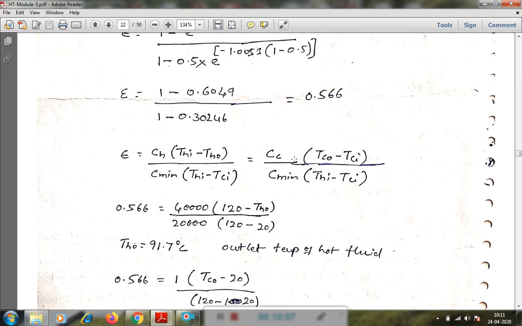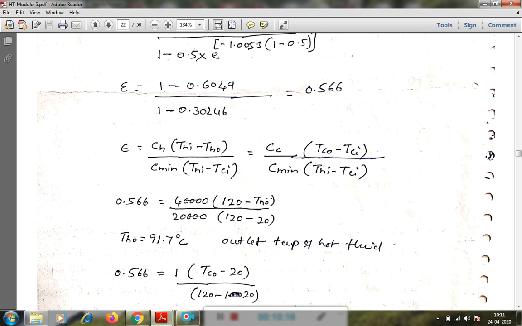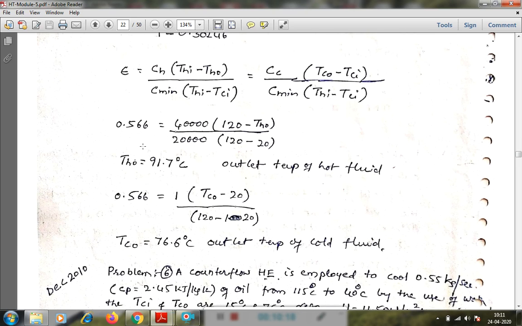That can be given for the cold fluid also: Cc into (Tc0 minus Tci) by C min into (Thi minus Tci). By substituting the effectiveness in this equation in terms of the temperatures, Th0 we can find out as 91.7 degrees Celsius, the outlet temperature of the hot fluid.